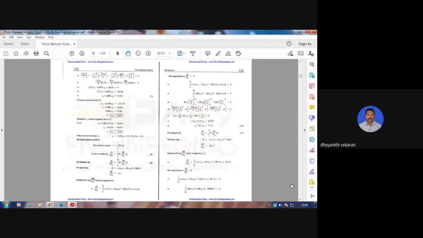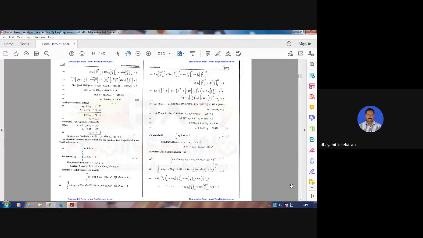120 a1 x power 4 plus 400 a2 x power 6 minus 10,000 x power 5 equal to 0. So from this equation we are getting a1 plus 2.438 a2 equal to 70.564. Just zoom it, you will get all those things very clearly.